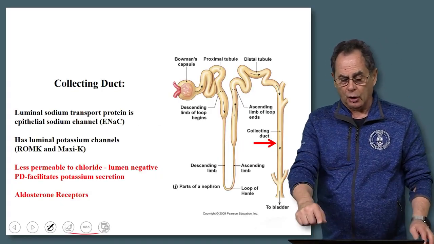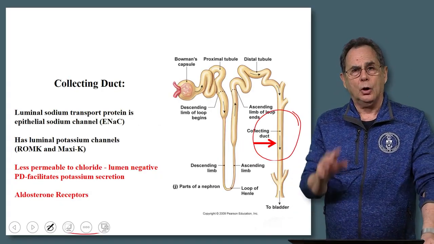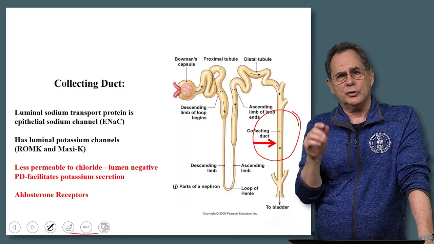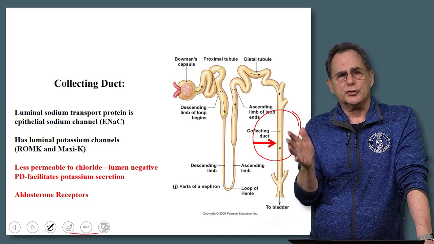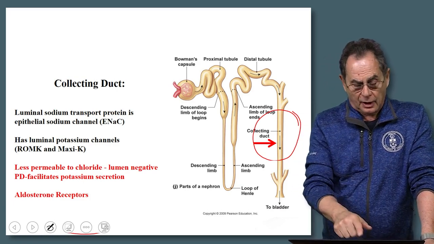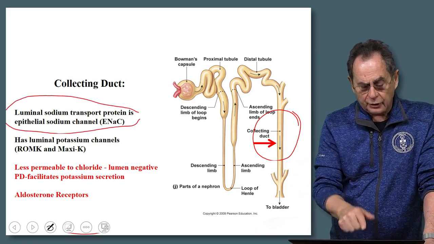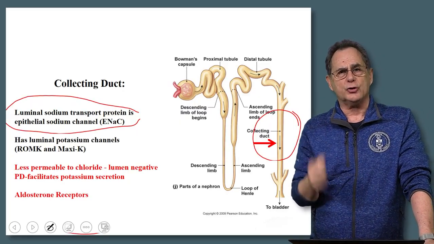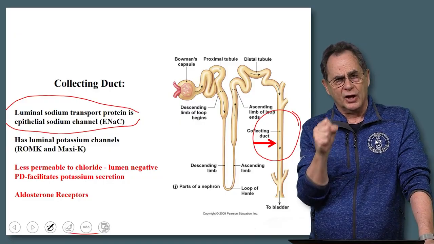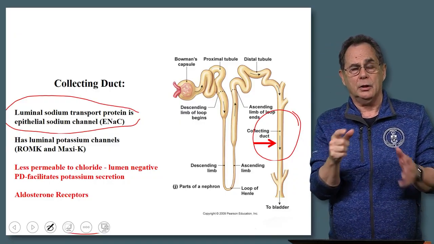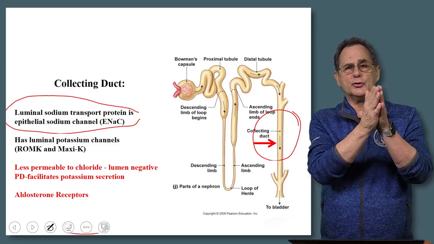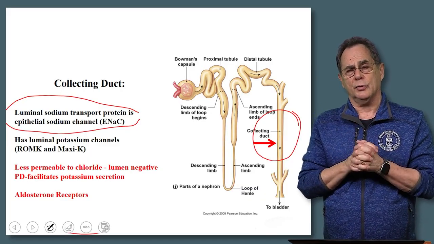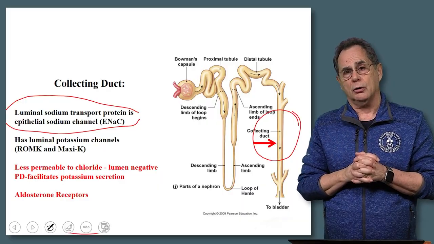So now we want to look at the collecting duct. We want to look pretty carefully at what are the factors that influence the ability of the collecting duct to secrete potassium. And so we're going to be talking about particular transporters that we've heard about before, the ENaC, the epithelial sodium channel. This is a channel that resides within the luminal membrane of the collecting duct that allows sodium entry down a concentration gradient from the lumen into the cell.